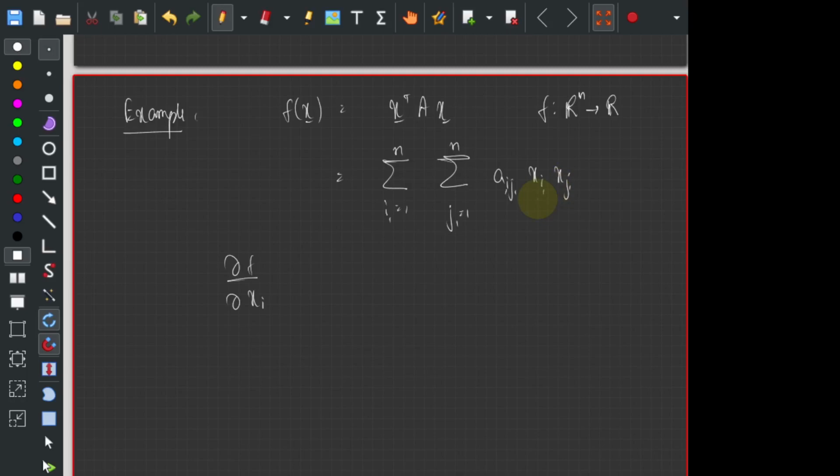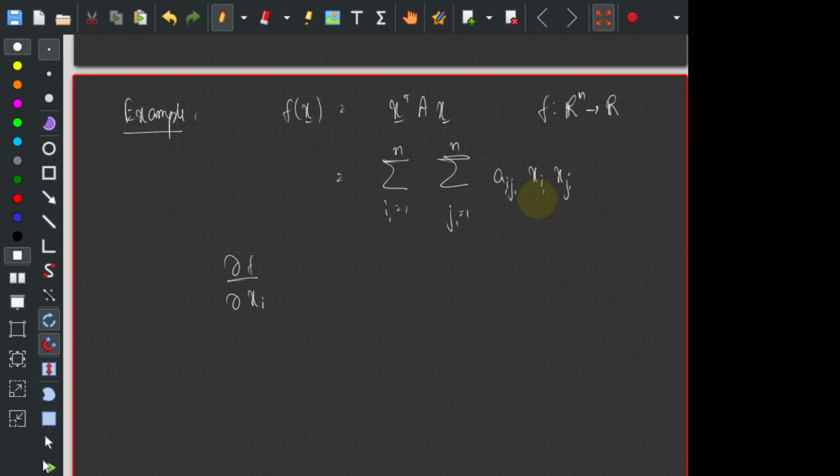Now I'm taking the partial derivative of f with respect to, let's say, xi. And xi can appear both on the left as well as on the right, so you have to count things carefully.